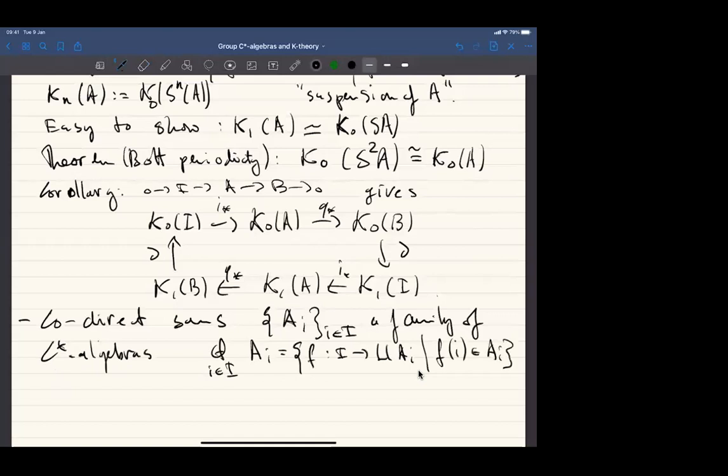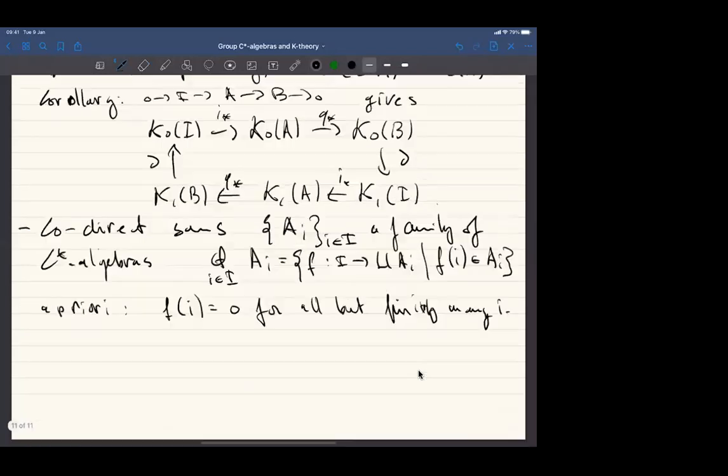And a priori, F_i is 0 for all but finitely many i. And now we need to complete this.